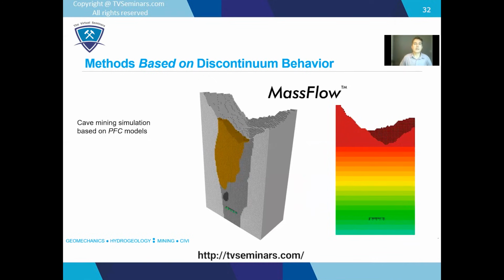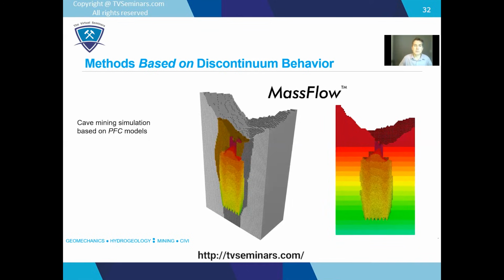I'm nearing the end here, but this is an example of how you can take these discontinuum models and run a whole bunch of them and look at the behavior of them, and then encode that into a sort of simpler approach. And so what we've got here is a new program we're working on called MassFlow. What they did was they ran a whole bunch of PFC models and then looked at the behavior and then encoded that into a sort of semi-mechanical model for cave mining specifically.